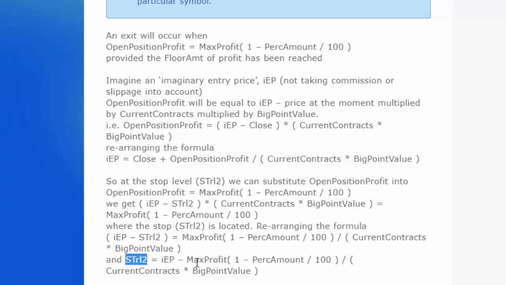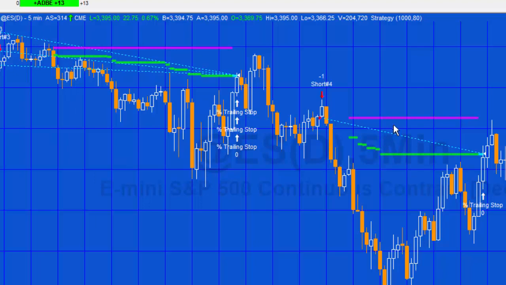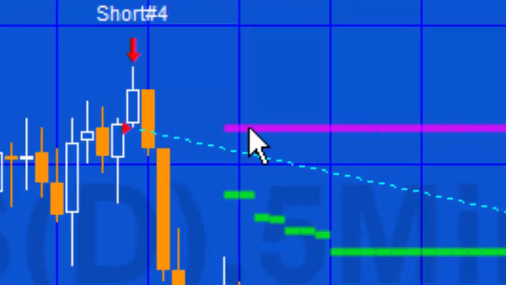I won't read it out again, but you can see how the formula works out, and perhaps if you just have a little look at this on the web page, you'll be able to satisfy yourself that that is correct. So we can see here, for example, just one entry. Naturally, I'm actually drawing the imaginary entry price.